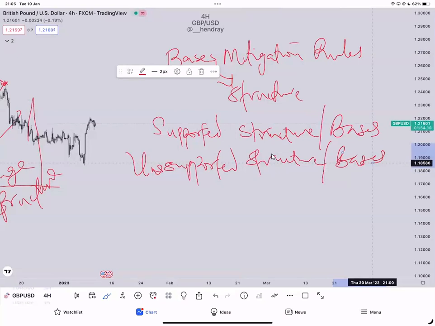So what are supported structures? Supported structures are structures that use at least SR for their mitigation.